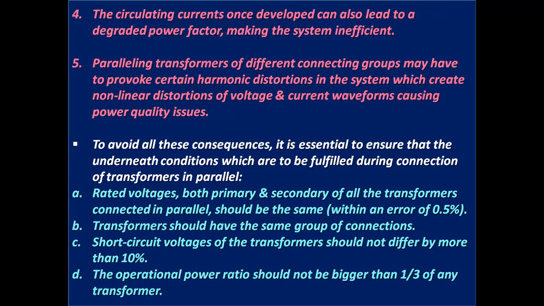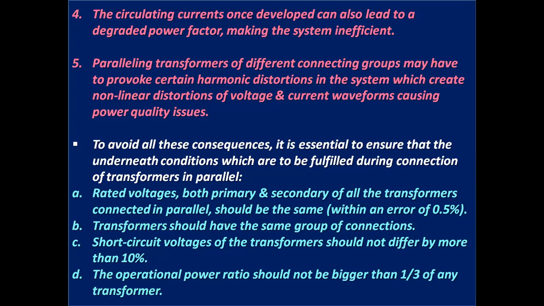To avoid all these consequences, it is essential to ensure that the underneath conditions are fulfilled during connection of transformers in parallel. A. Rated voltages, both primary and secondary, of all the transformers connected in parallel should be the same, or must be within an error of 0.5%.